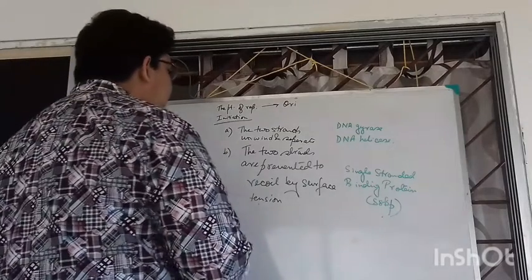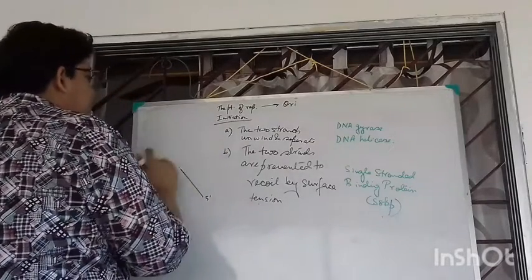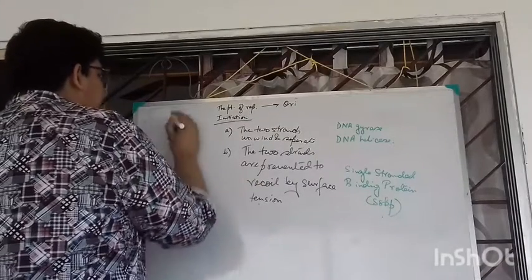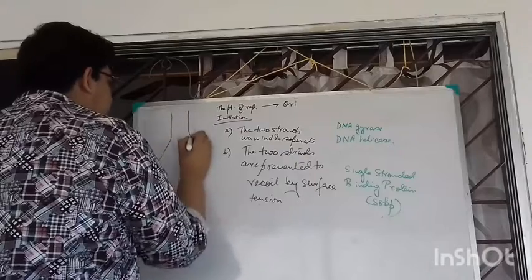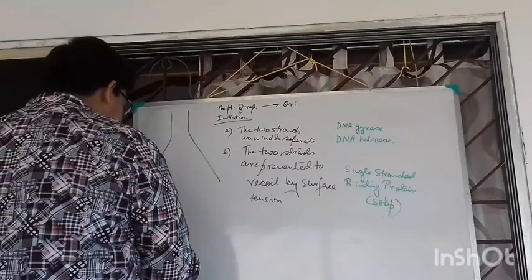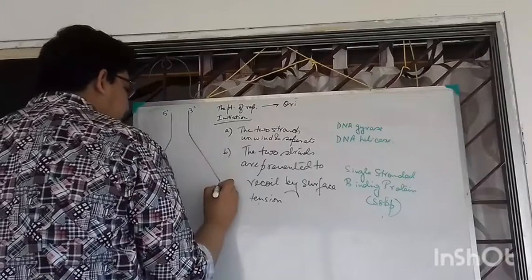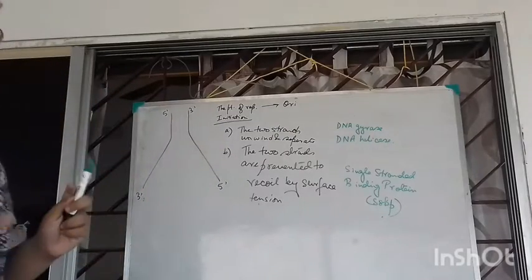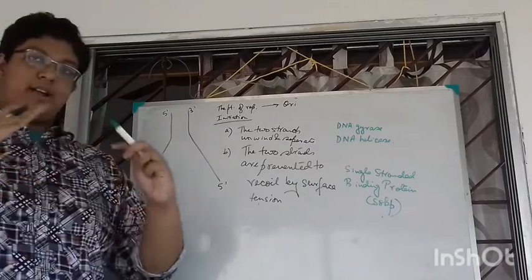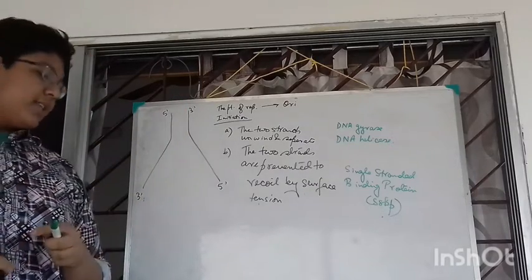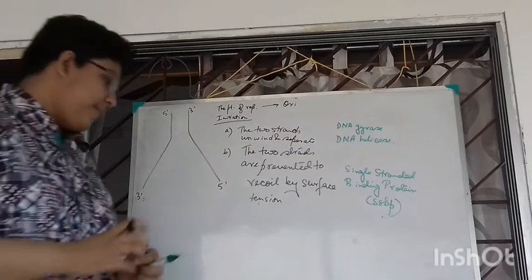Next, this forms a Y-shaped structure, an inverted Y, and this is known as the replication fork.